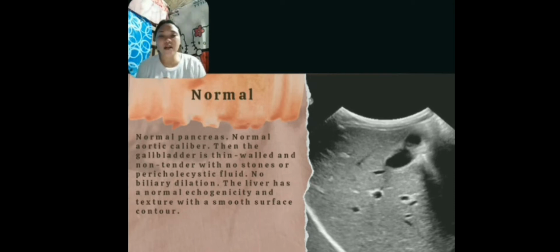The gallbladder is thin-walled and non-tender with no stones or pericholecystic fluid, no biliary dilatation. The liver has normal echogenicity and texture with a smooth surface contour.